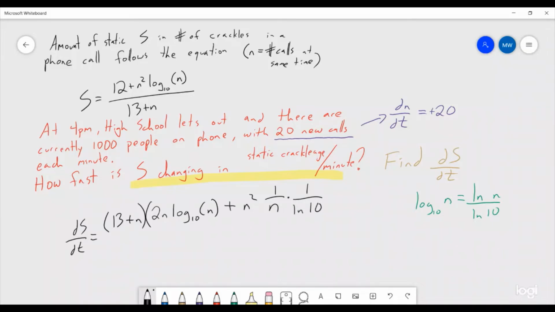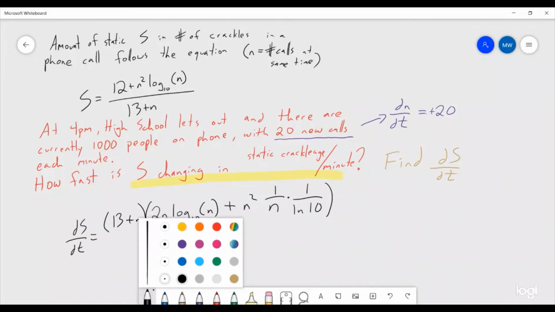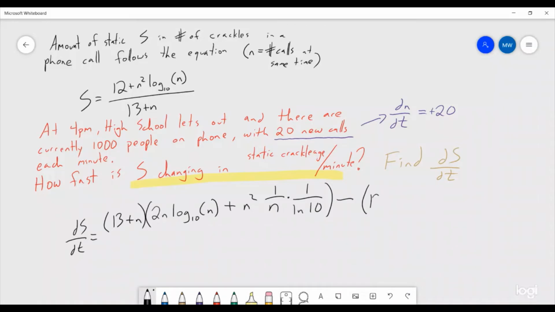So that's going to be that top piece. So low d high, oh wait, we still have more to do. That's low d high, we still have minus high, 12 plus N squared log base 10 of N, times the derivative of the bottom, that's just a 1, all over the bottom squared.